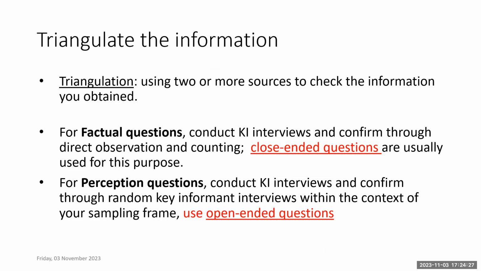Then when you gather information on perception, that is, you're asking perception questions, you can conduct key informant interviews to confirm through random key informants, within the context of your what? Of your sampling frame. That is how you confirm perceptions.